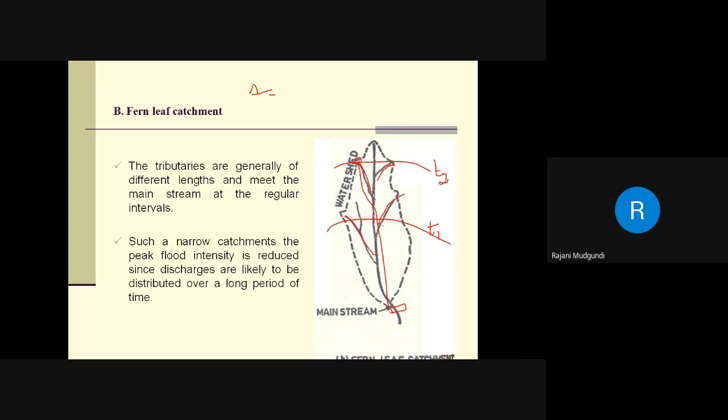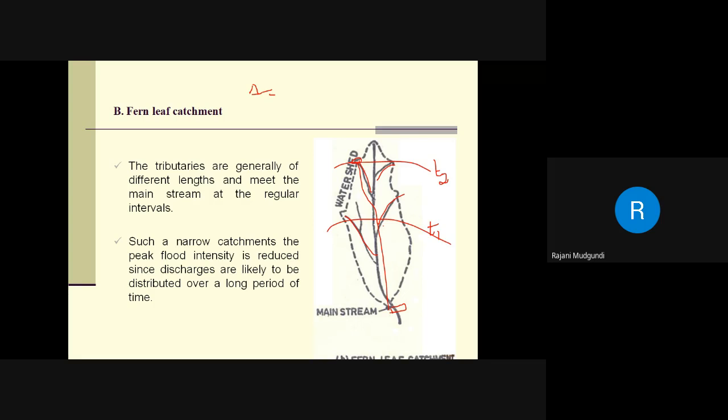The tributaries are generally of different lengths, as I said, and meet the mainstream at regular intervals or in batches. In such a narrow catchment, the peak flood intensity is reduced since the discharges are likely to be distributed over a long period of time.